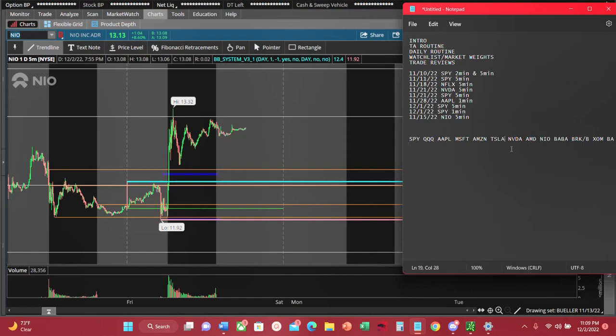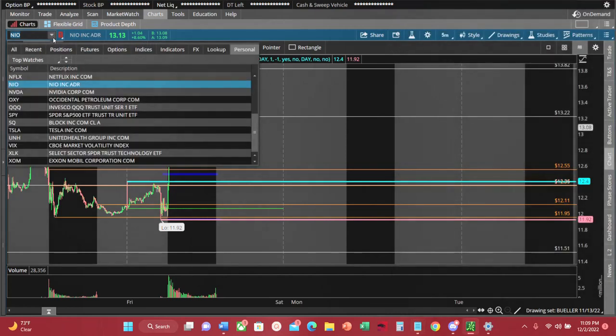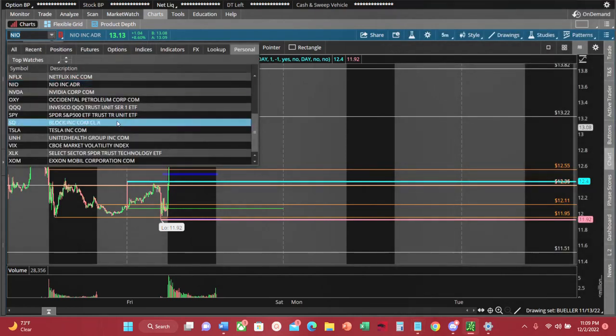Oh, and Netflix. This is in no particular order, so I'm going to put Google and Netflix. This is just a couple tickers that I like to look at every day. I'll chart Netflix and Google every day too.